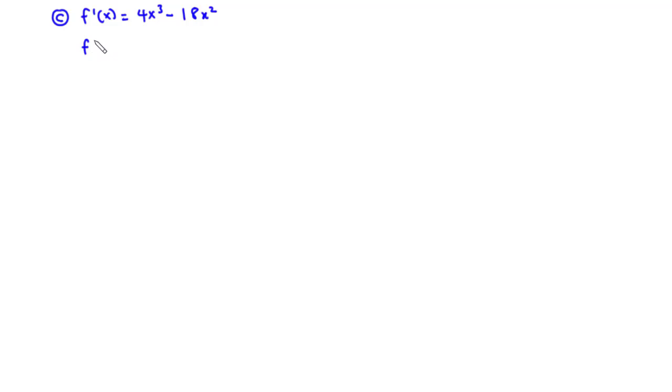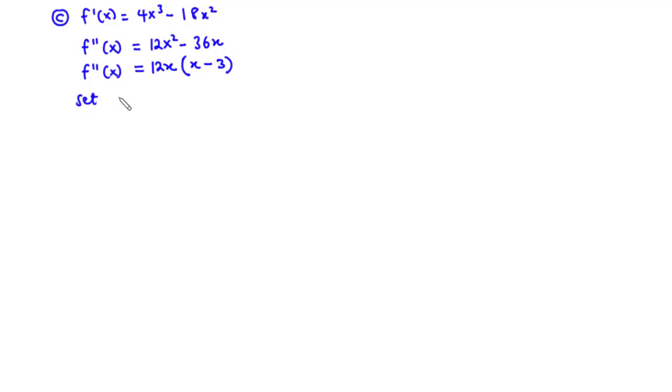So let's further differentiate this function, and that's going to give us the second derivative of f of x. So we have 12x squared minus 36x. So we can simplify this as we factor out 12x, and then inside of the brackets we are going to have x minus 3. So that is f prime prime of x.